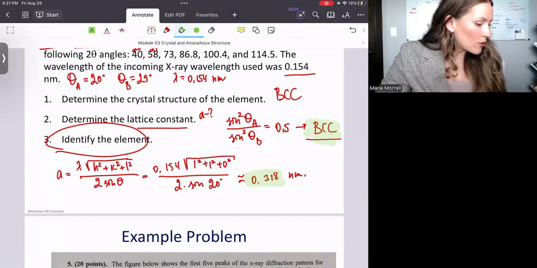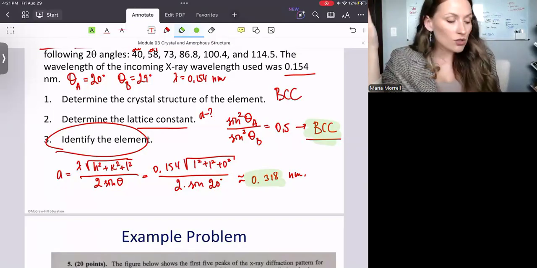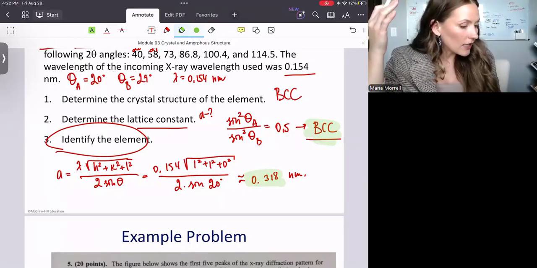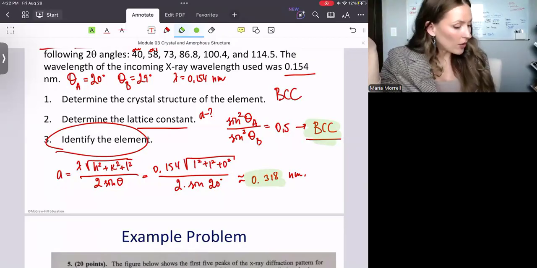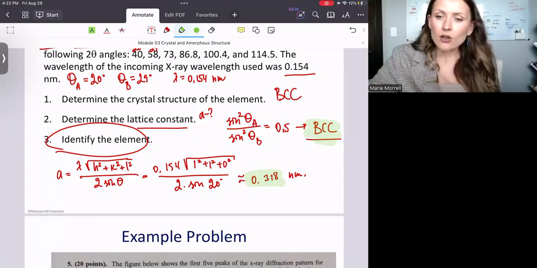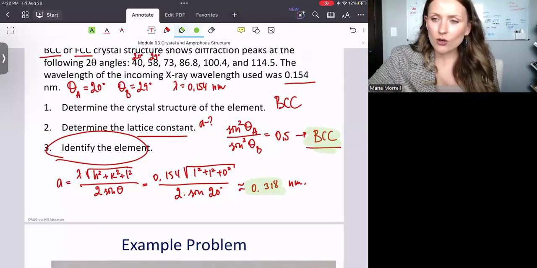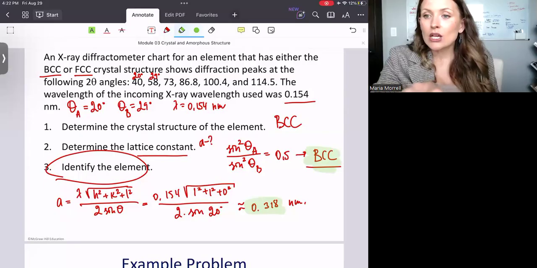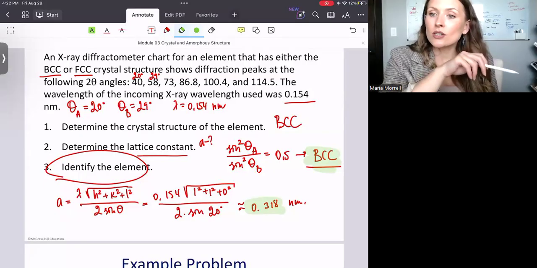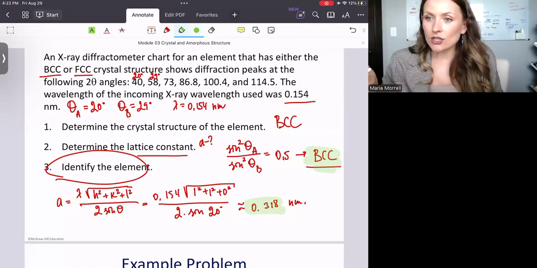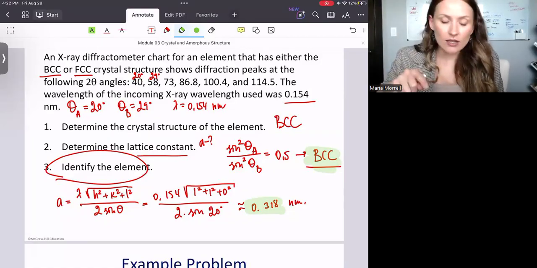So what I'm going to do now is look at appendix 2, which lists some properties of selected elements. I'm looking at the BCC, so I'm going to be looking at the lattice constant. I know that some students like to take the third step. Since you know A and you know that this is BCC, you can use your prior knowledge of how A is connected to the radius, find the radius, and then look just at the radius.